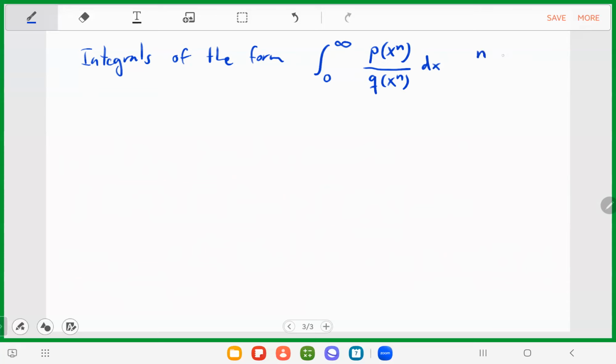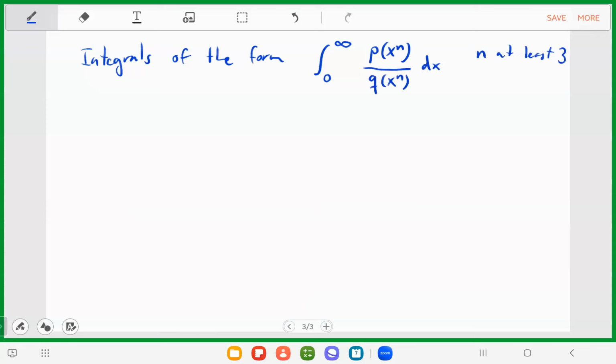So n is at least 3, an integer. What does it mean? For example, p of x to the power of 3 means it's a polynomial where you can only have power of 3, power of 6, power of 9, something like that.